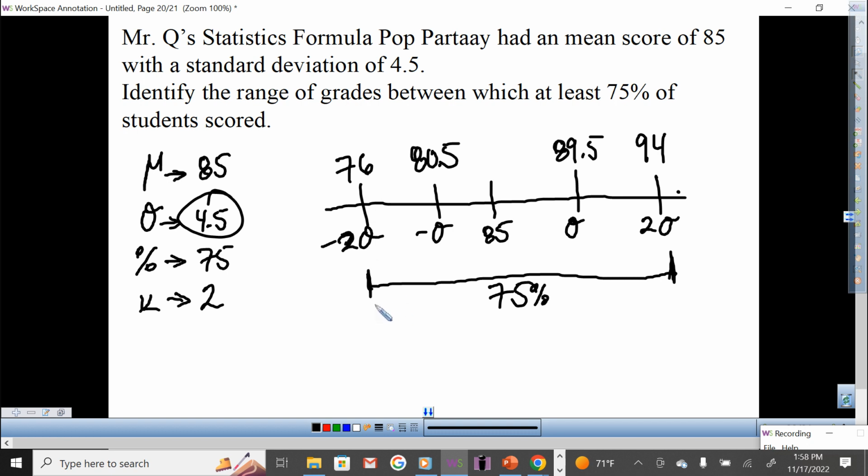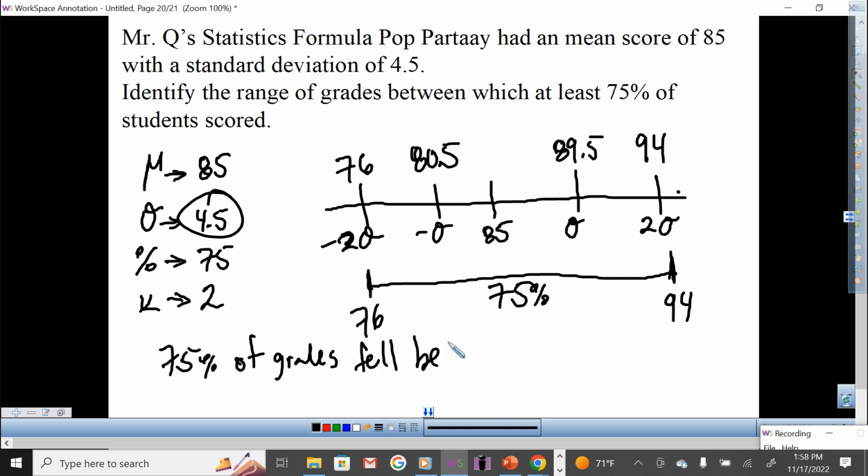So, from where to where? From 76 to what? So our statement would be 75% of grades fell between 76 to 94.